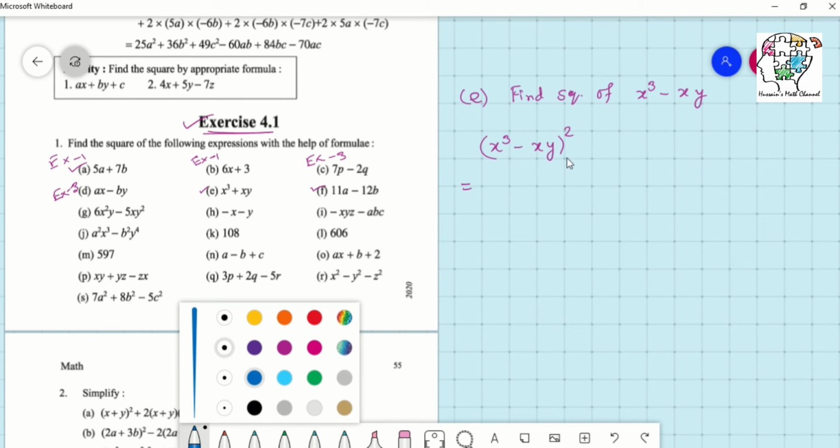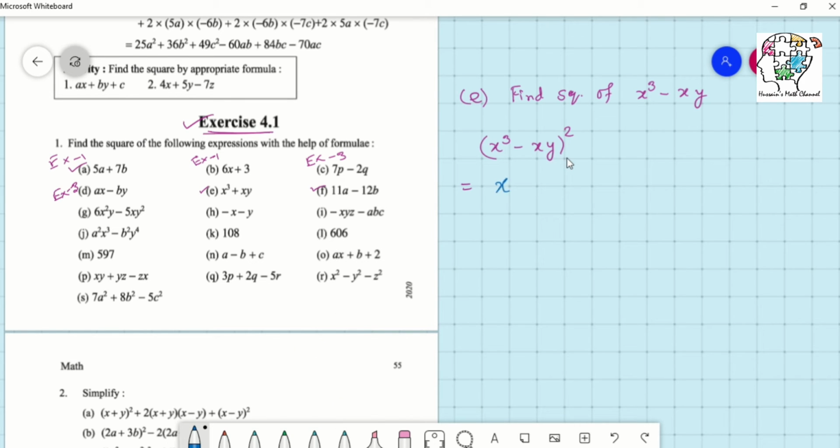If we say this is our a, now we write a squared, minus, in the formula we have a 2, then times a, meaning x cubed, and then we have b, meaning xy, and then plus b squared, meaning xy squared.